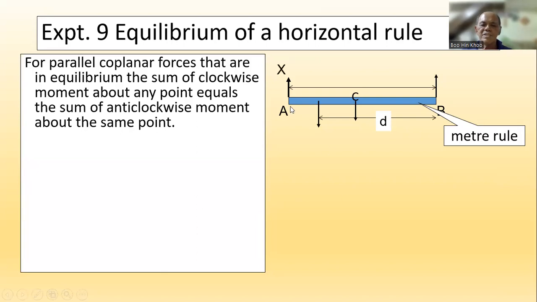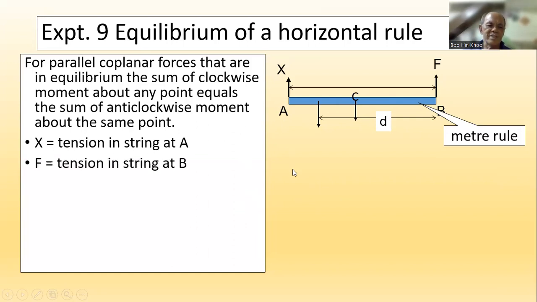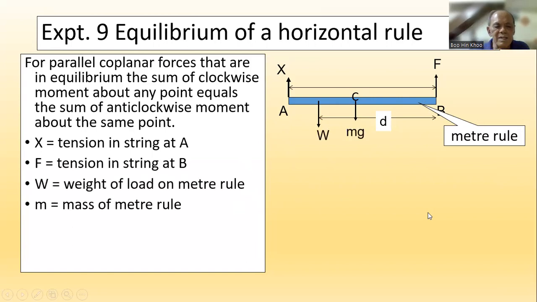These are forces in a plane. We can take sum of clockwise moment equals sum of anti-clockwise moment. X is the tension in the string at A. F is the tension in the string at B. That's your F. It's a W. Mg is the weight of the meter rule at the center of gravity.